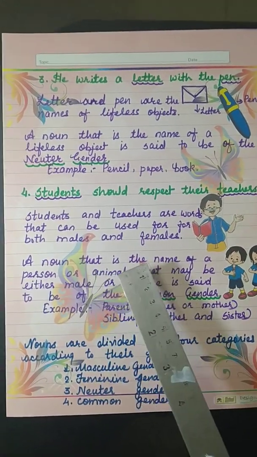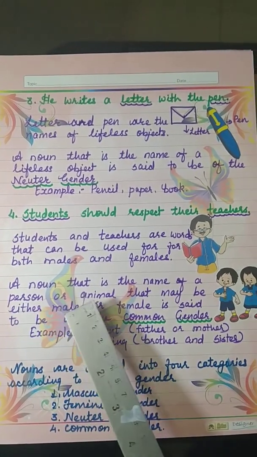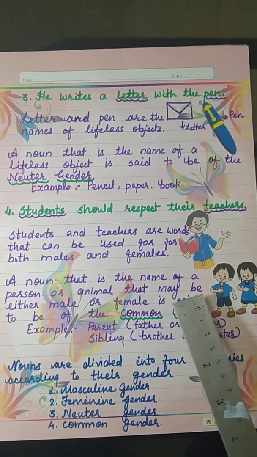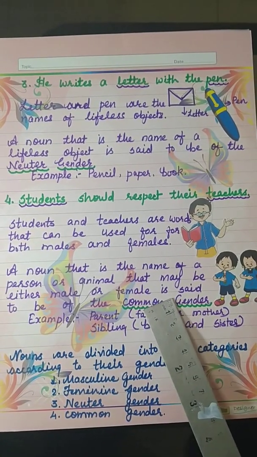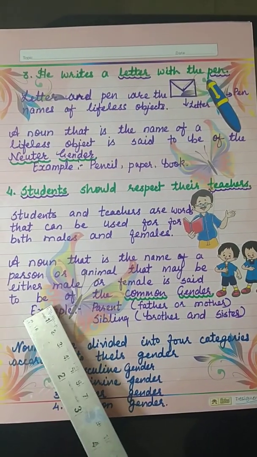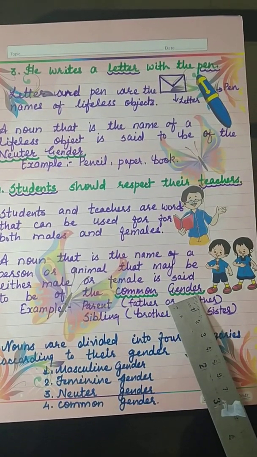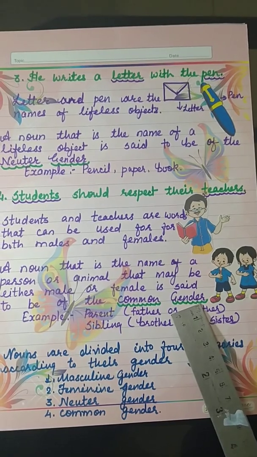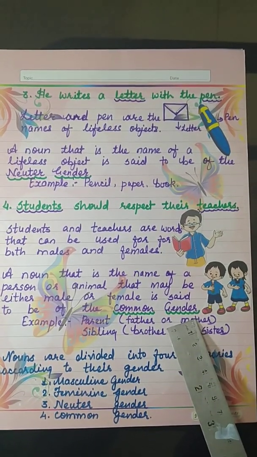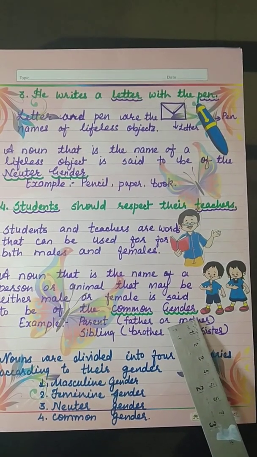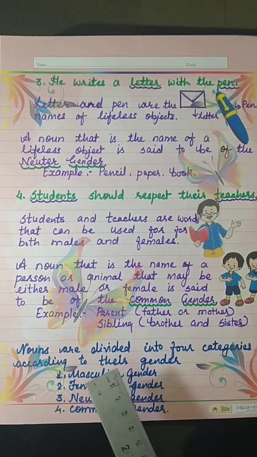A noun that is the name of a person or animal that may be either male or female is said to be of the common gender. Okay, means those words which we use for males or females, that word we categorize in common gender.